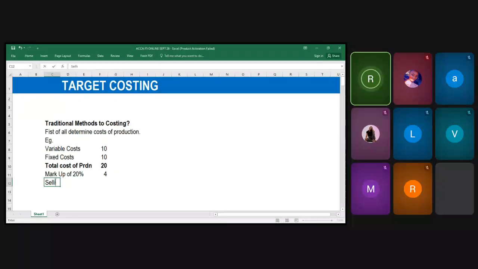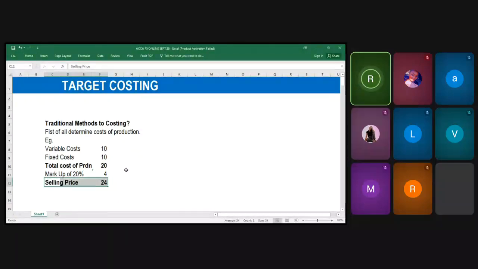Our selling price is going to be the sum of the two here. $24 is the selling price for our commodity. This is what we have if we are costing products using the traditional method.